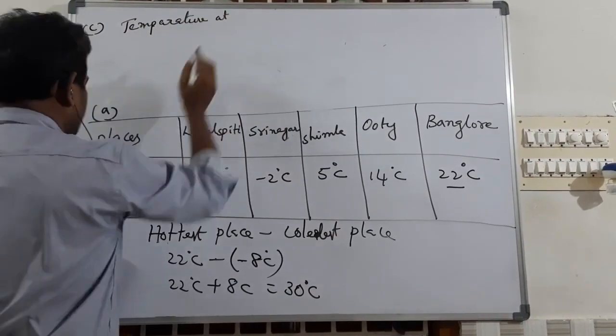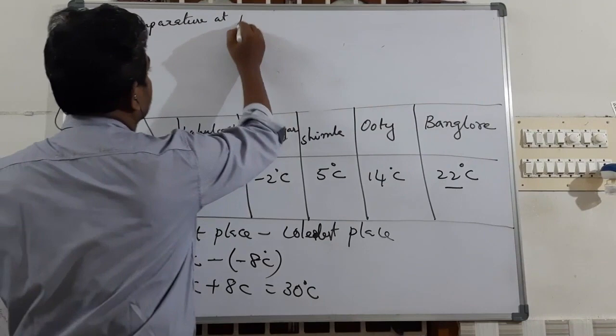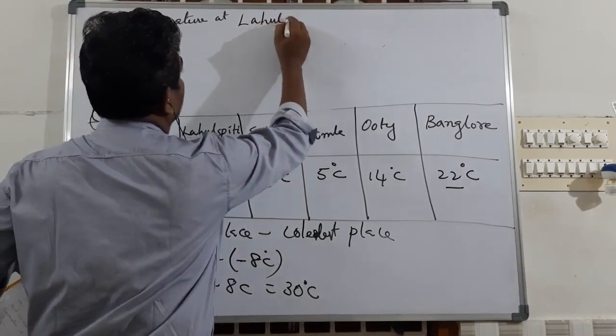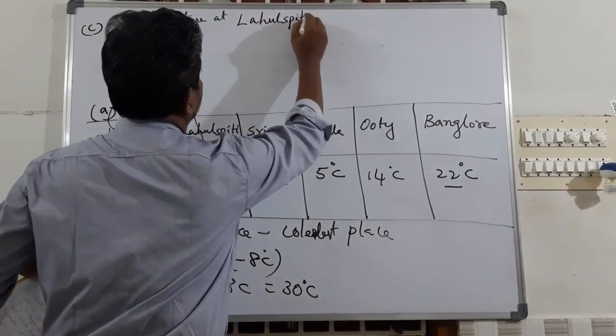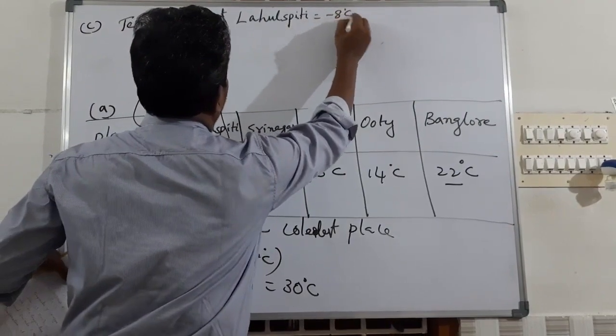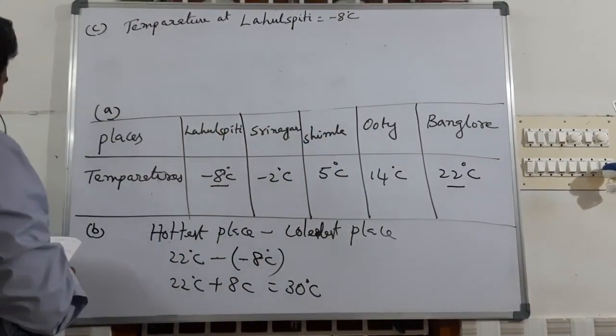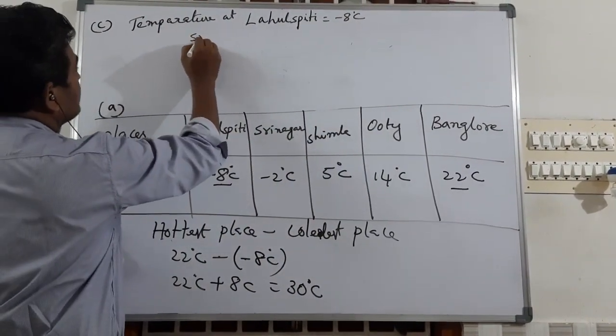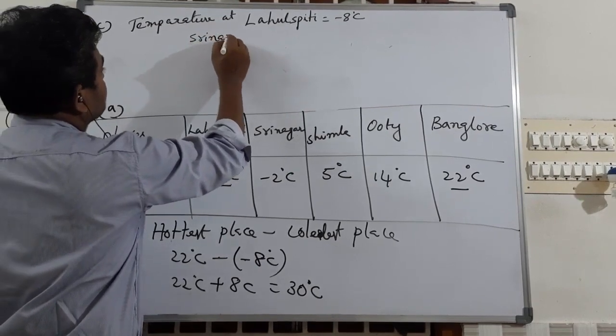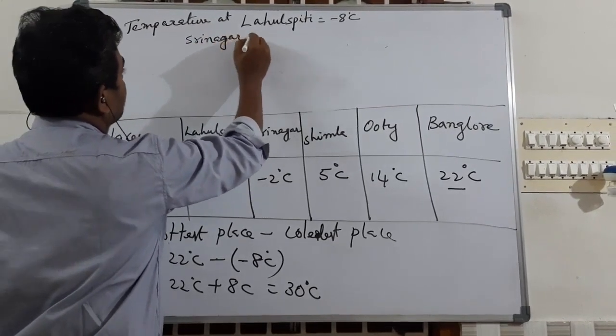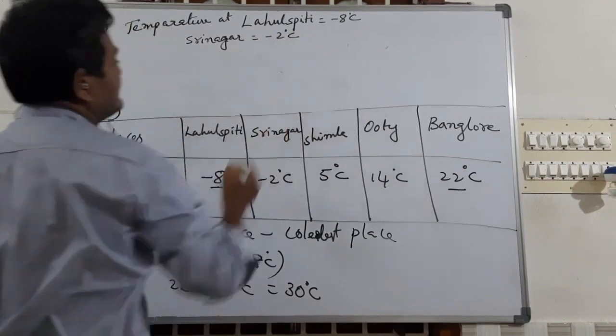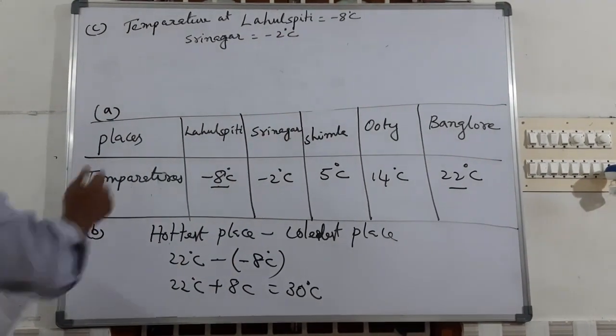Temperature at Lahul Spiti equals minus 8 degrees Celsius, and Srinagar is minus 2 degrees Celsius. Now the difference they are asking.